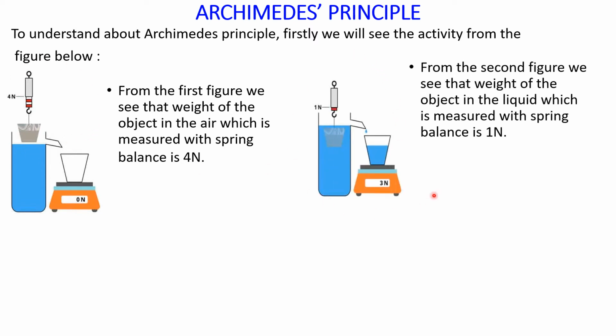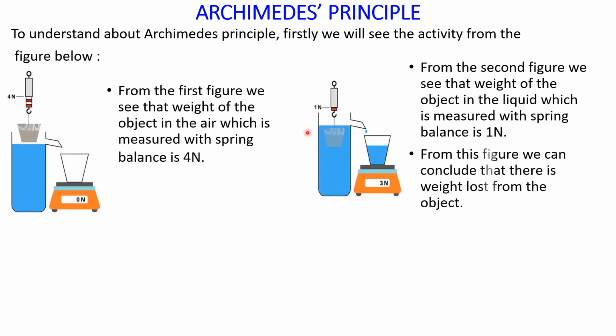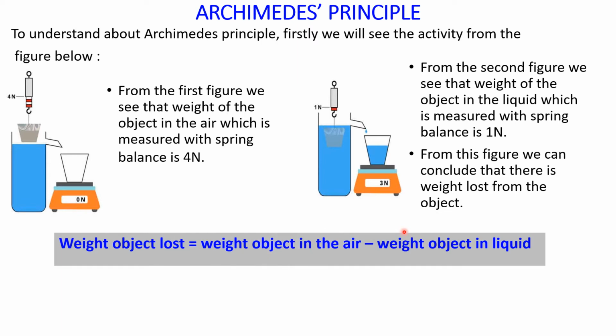And from the second figure, we see that the weight of the object in the liquid is 1 Newton. From this, we can conclude that there is weight loss from the object. Because of that, weight loss equals weight of object in the air minus weight of object in liquid.